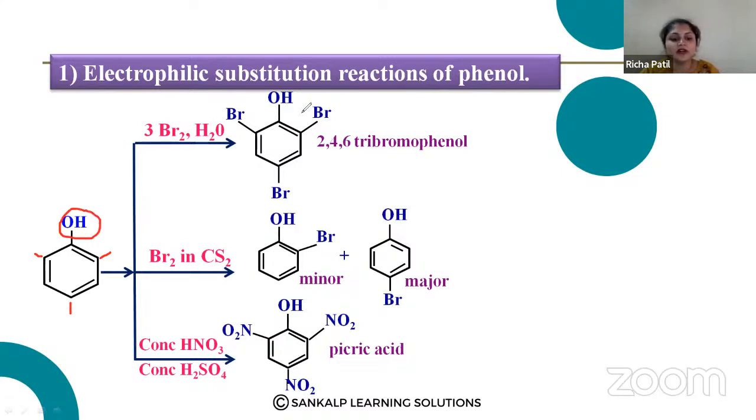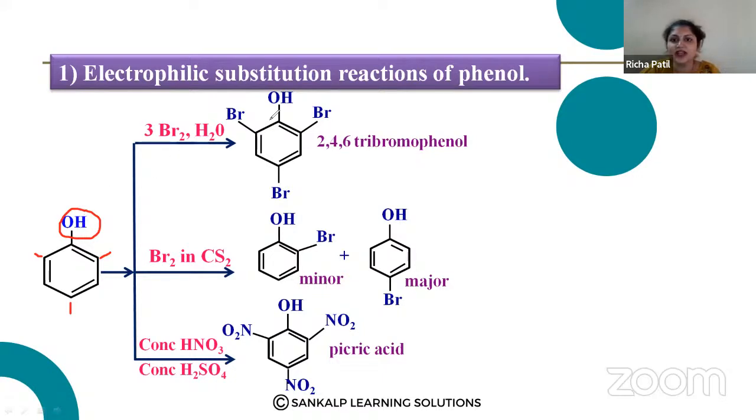So the OH group activates the benzene ring towards electrophilic substitution and directs the incoming group to the ortho and para positions. The ring becomes electron rich due to the resonance effect caused by this OH group.